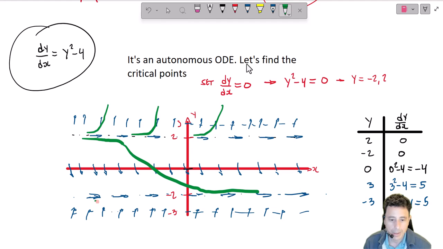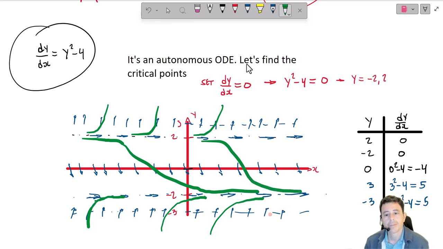It cannot go down because look at the arrows. They're positive. So that means it's doing something like this. So those are some of the solutions, sketching some of the solutions.